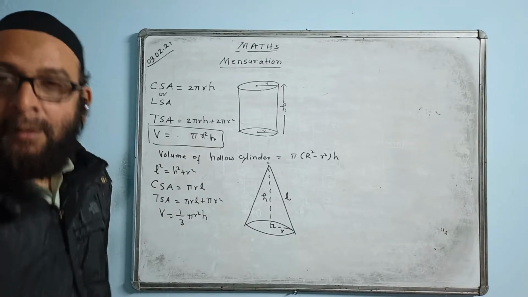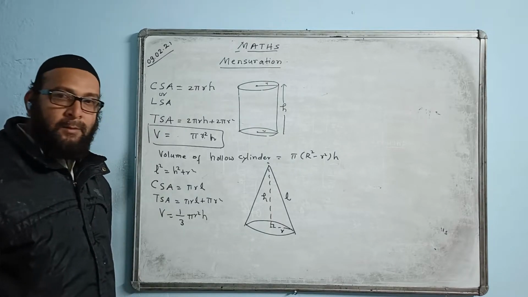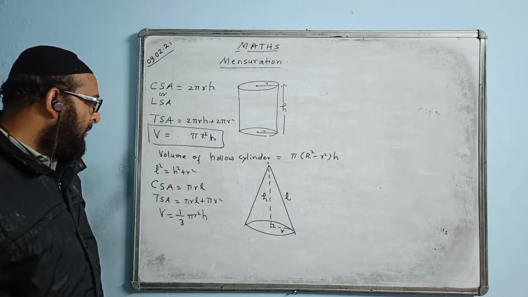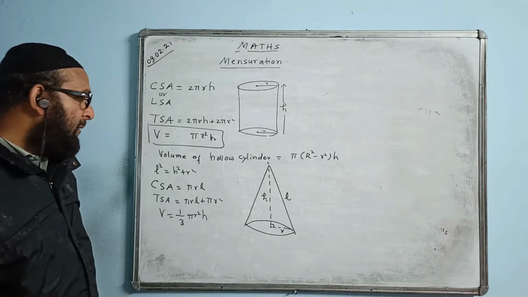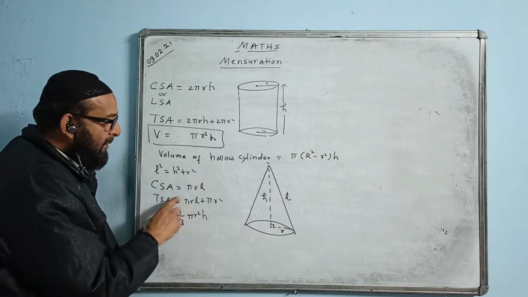Okay? Pi r L, this is the curved surface, plus base. Curved surface, side one, plus this: pi r L plus pi r square.